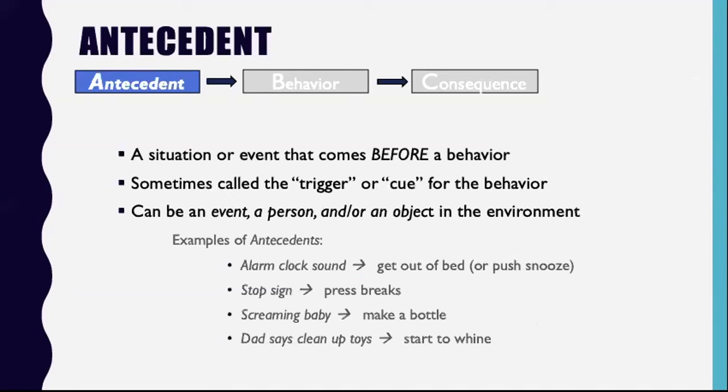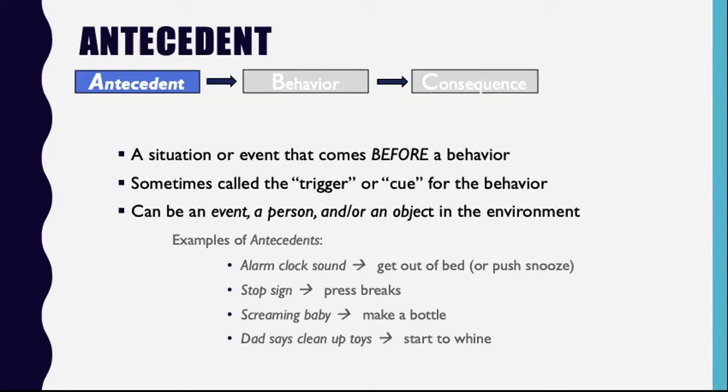To look a little bit more closely, let's check out antecedents. Remember, it's a situation or an event that comes before a behavior. Sometimes we call it the trigger or the cue for the behavior to occur. It can be an event, a person, or an object in the environment.